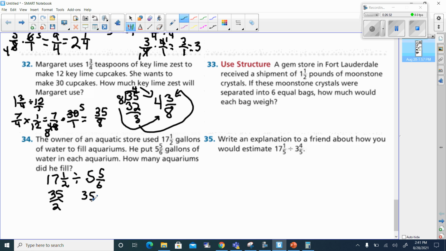So this is 35 over 6. And now I got to use keep, change, flip, and when I do, I'll keep my first one the same. I'll change the multiplication. And then I'll flip the second one, so it'll be 6 over 35.